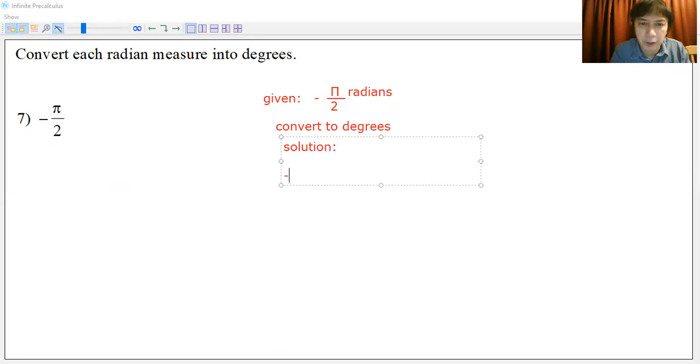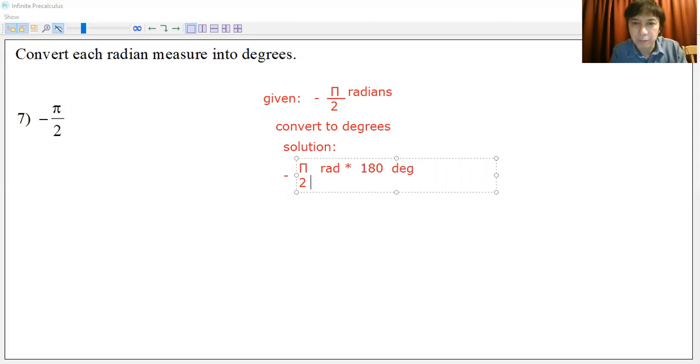Our solution starts with negative pi over 2, radian measure, and this will be multiplied by 180 degrees for every pi radians.